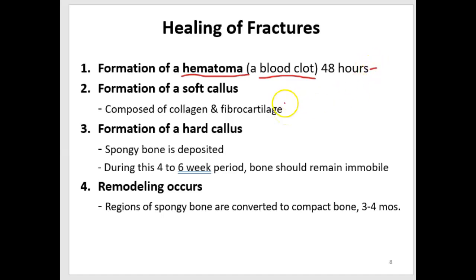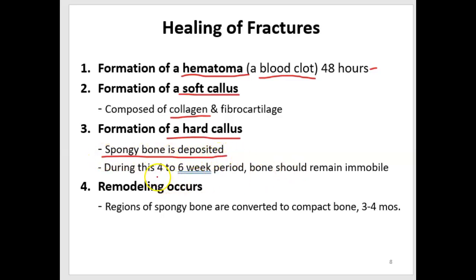So the hematoma forms, and then a soft callus, an area of healing, is made, and it's composed of cartilage and a protein called collagen. Now this soft callus can't remain permanently. Instead, it needs to be replaced with a hard callus, and that's going to require mineralization or ossification with minerals, and so spongy bone is laid down.